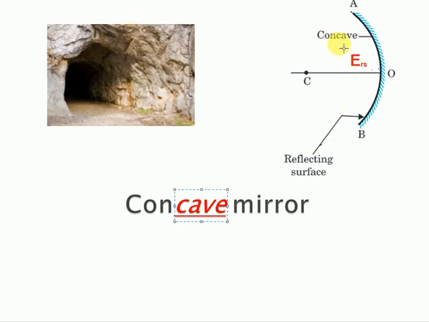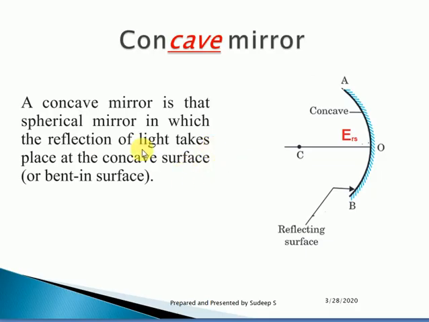Similarly, concave mirror, concave, this part is a cave part. So when a ray of light enters, this part will act as a reflecting surface while the other part will act as an opaque part. Here now we can define what concave mirror and convex mirror is.